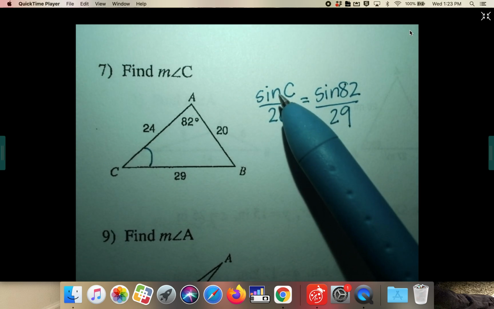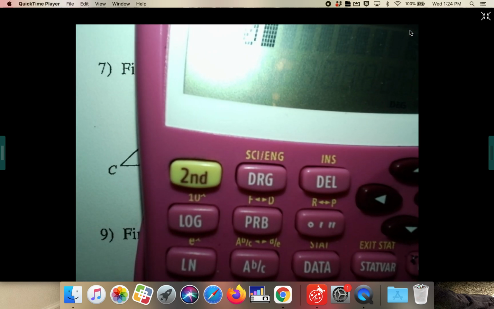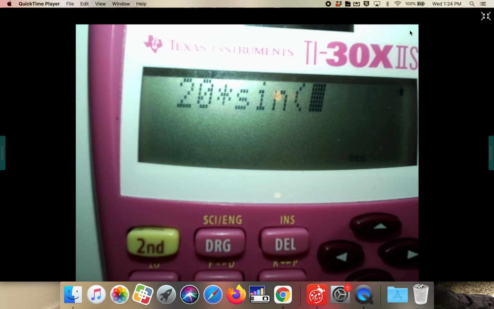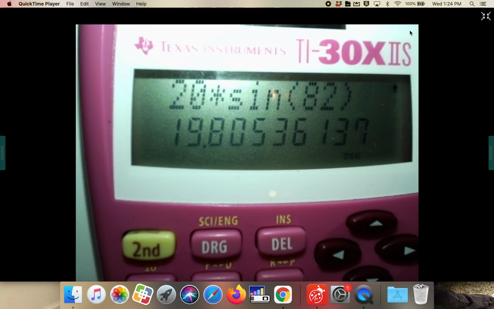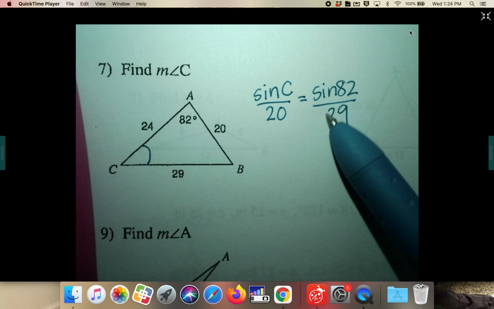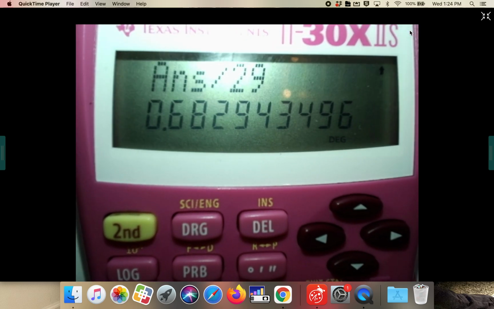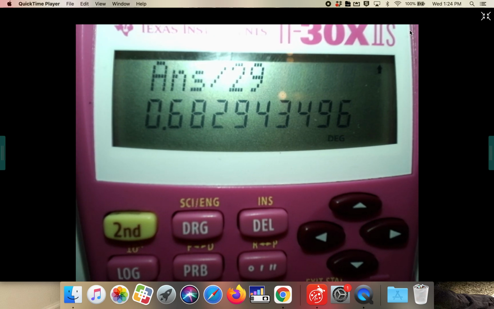So I'm going to cross multiply. I'm going to do 20 times sine 82, and then I'm going to take that and divide by 29. That's the ball. So divide by 29, which is, we're going to write down the number, or just remember, 0.6829.